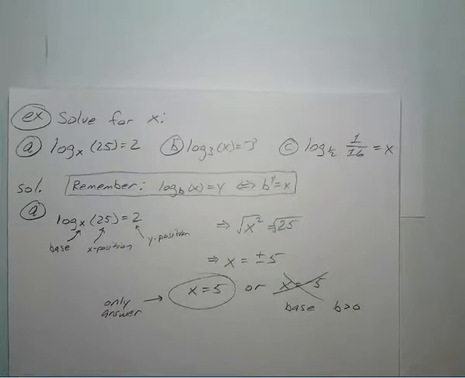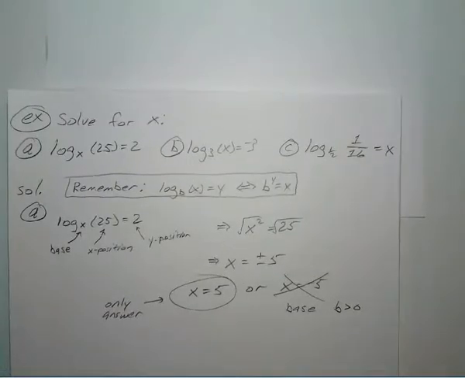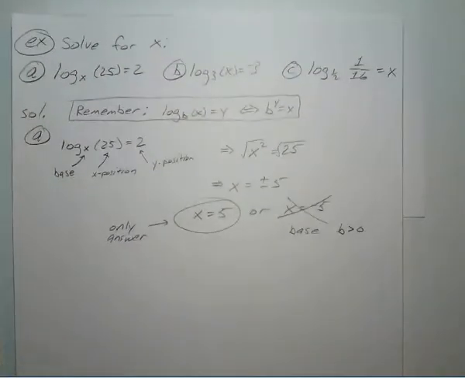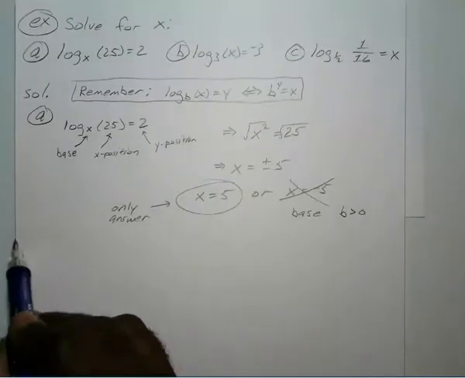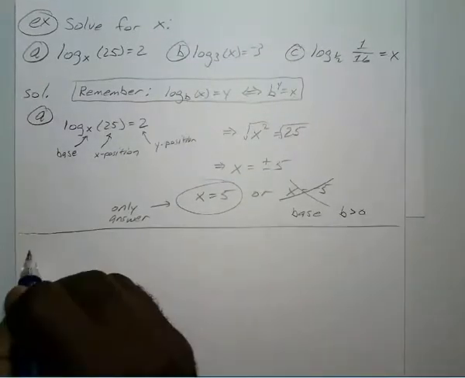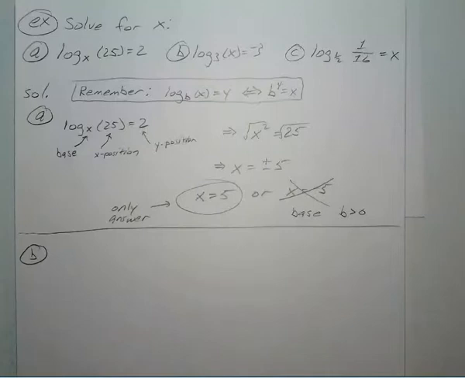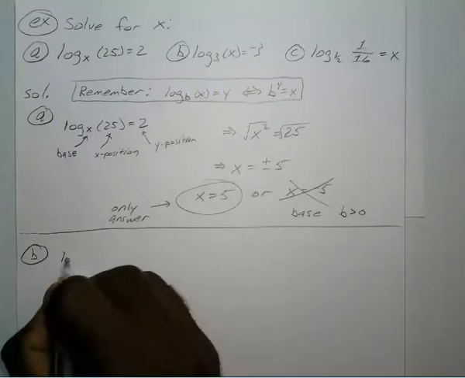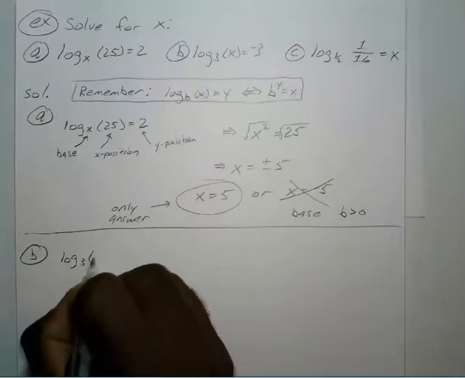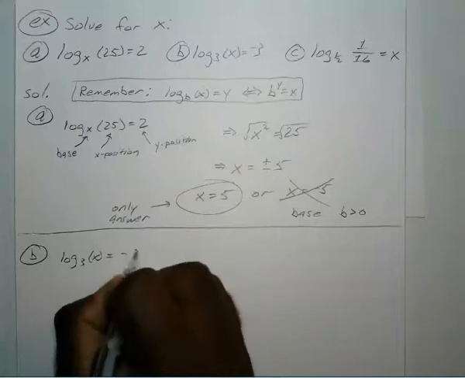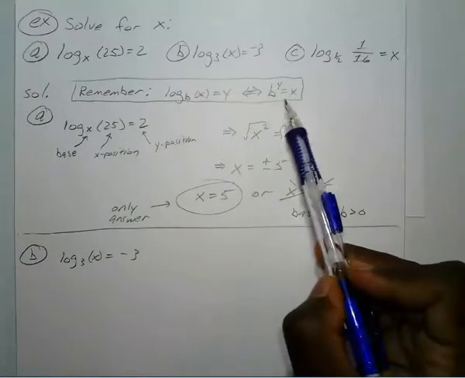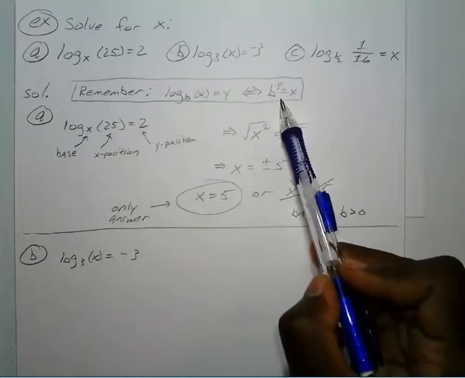All right. Okay, so let's go ahead and move up to problem B. And go ahead and separate that. Okay, so for problem B, you have log base 3 of x equals negative 3. And remember, we want to convert it to our exponential form.